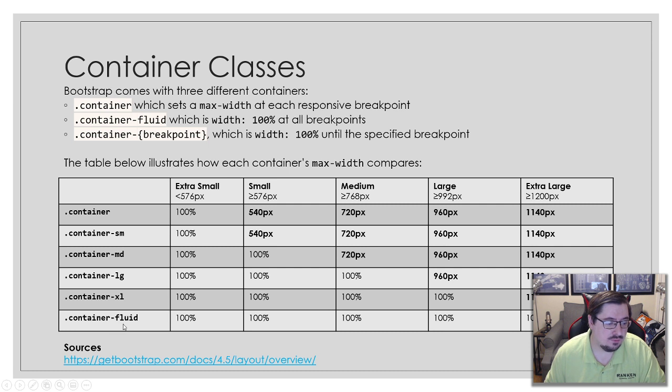Oftentimes, if I do want my content not to take up the whole page, most of the time containers are a great thing to do, and you might do it on the outside. Sometimes you want a lot of things on your website to stretch all the way to the edge of the viewport.